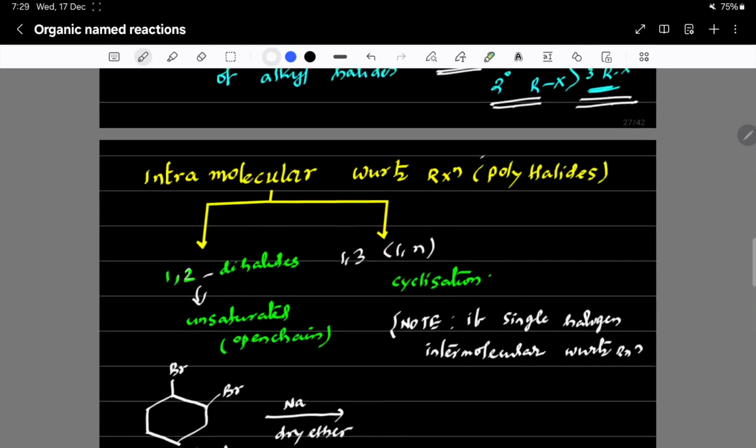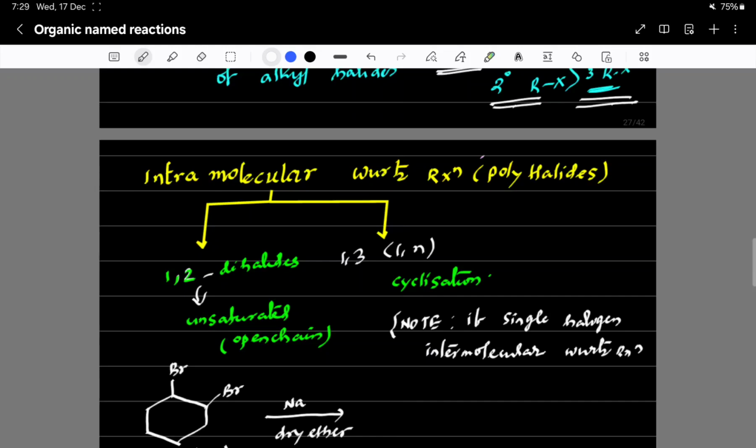Next, in this Wurtz reaction also, students, two types of reactions are possible. One is the intermolecular Wurtz reaction and one is the intramolecular Wurtz reaction. Generally, if we have only one monohalogen, it undergoes an intermolecular reaction. Whatever reactions we studied from the start are all intermolecular only.